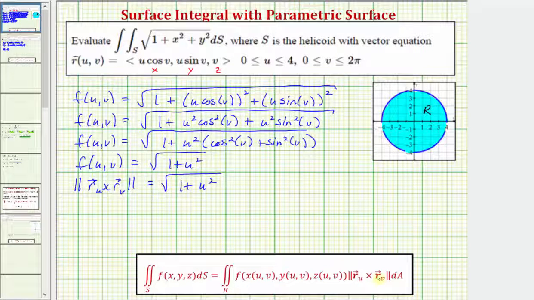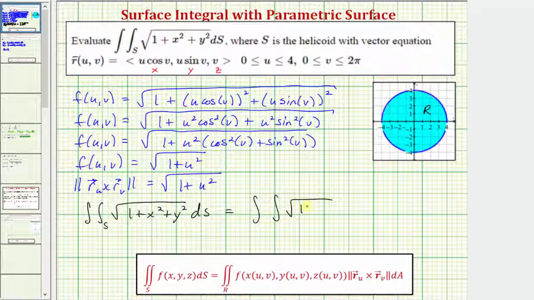So now we can set up the double integral shown here, where the given surface integral is equal to the double integral over the region R, which we'll come back to, of f of u comma v, which is the square root of the quantity 1 plus u squared, times the magnitude of the cross product, which is also the square root of the quantity 1 plus u squared. And then for differential a, let's use the order of integration du dv.